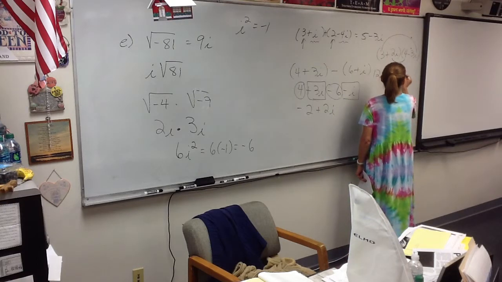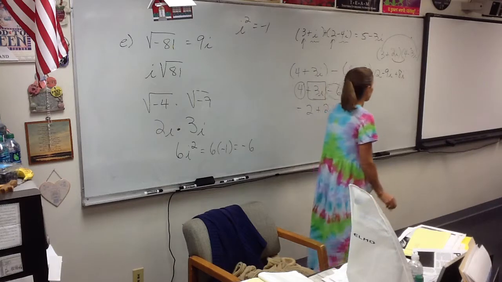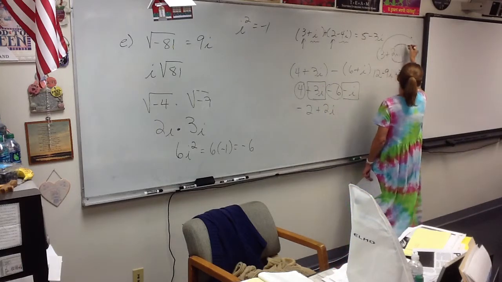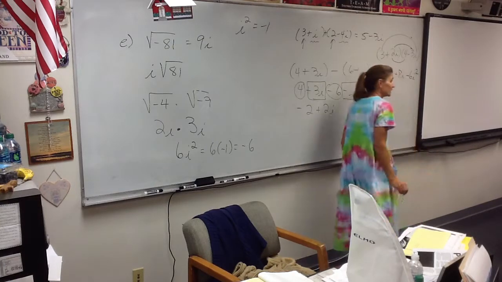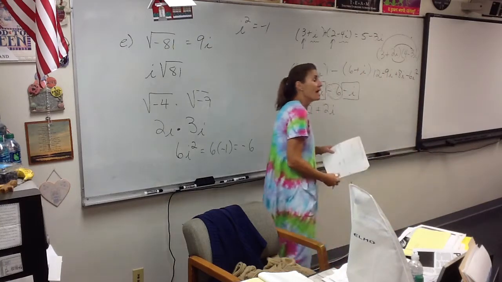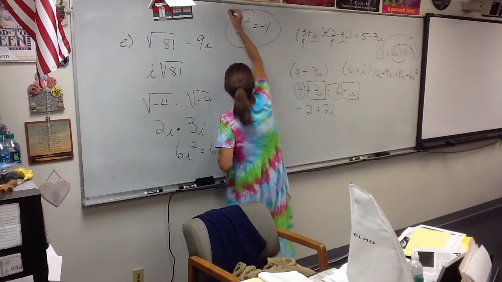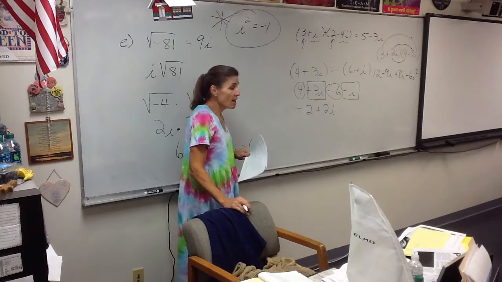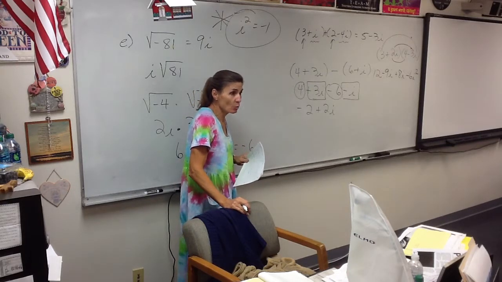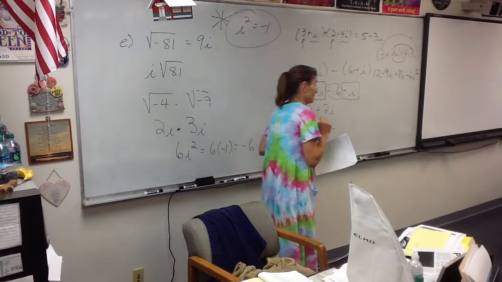Inside, 8i. And last, minus 6i squared. You're exactly right. Now, don't forget this. Every time you see an i squared, you're going to think negative 1.